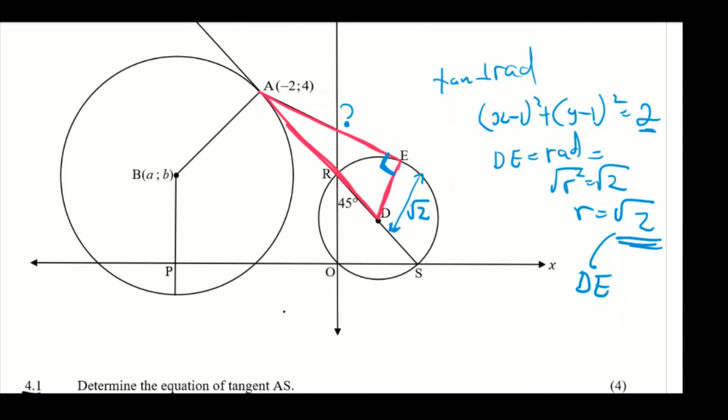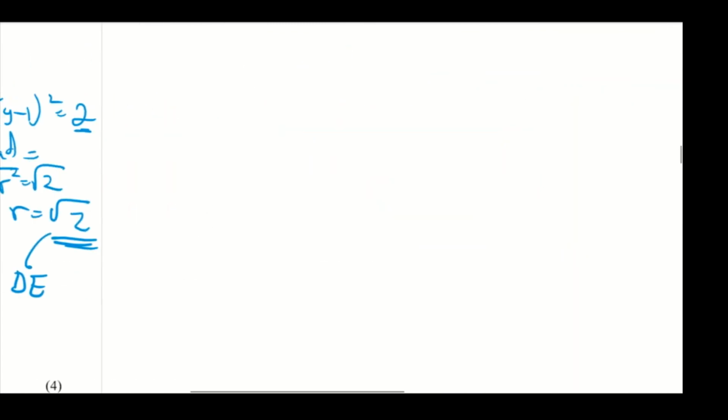And the length of AD now, we need to find that. So for us to find the length of AD, we know the coordinates of A, we know the coordinates of D. So let's find the length of AD. Once we find the length of AD, we're going to use Pythagoras theorem to find the length of AE. So let's do this on the other side.